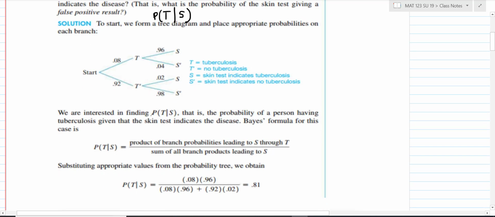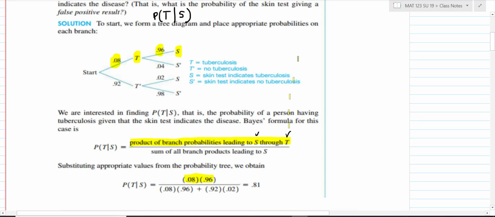So we're looking at the probability of T given S. What we do is take the product of the branch probabilities leading to S through T. So you're going to end up at S going through T, and that's the product of those two probabilities. That's what the numerator is going to be.